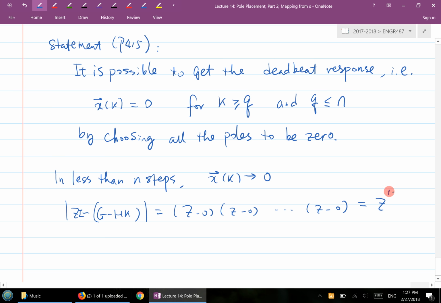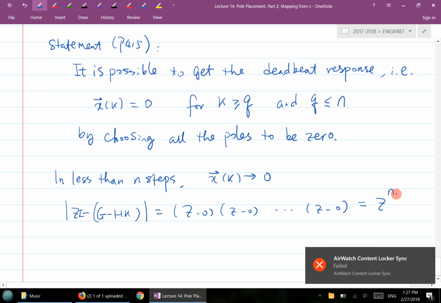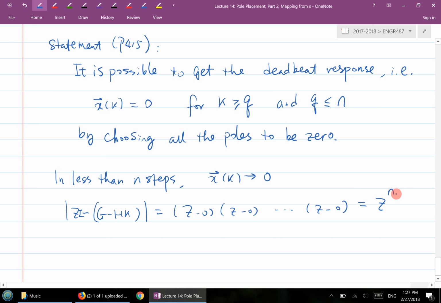That means the characteristic equation for the closed loop system becomes as simple as just z to the power of n. Yeah, it's a polynomial. If you have a second order system, then you just have z to the power 2. All right, so let's illustrate this deadbeat response through an example right here.